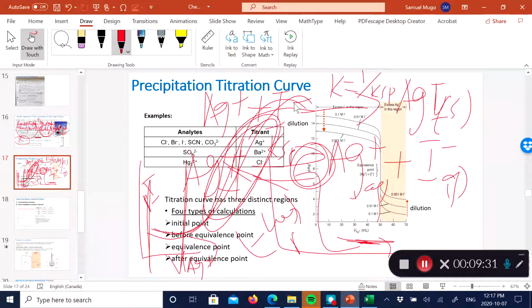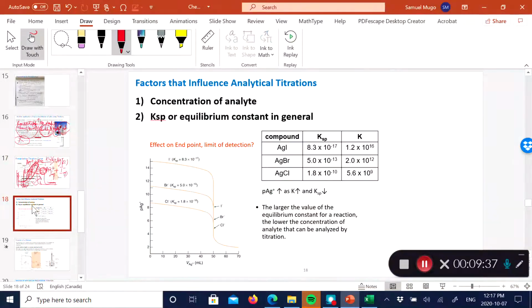So the only thing that you're really adding is silver in water. I hope that's clear.